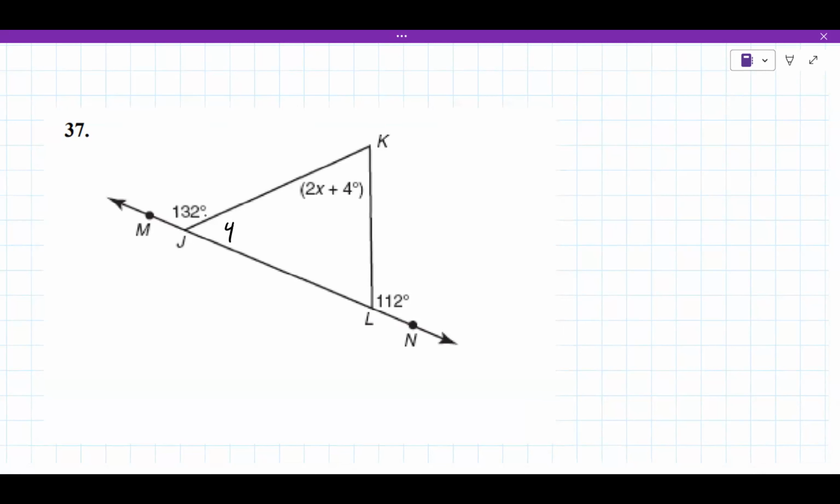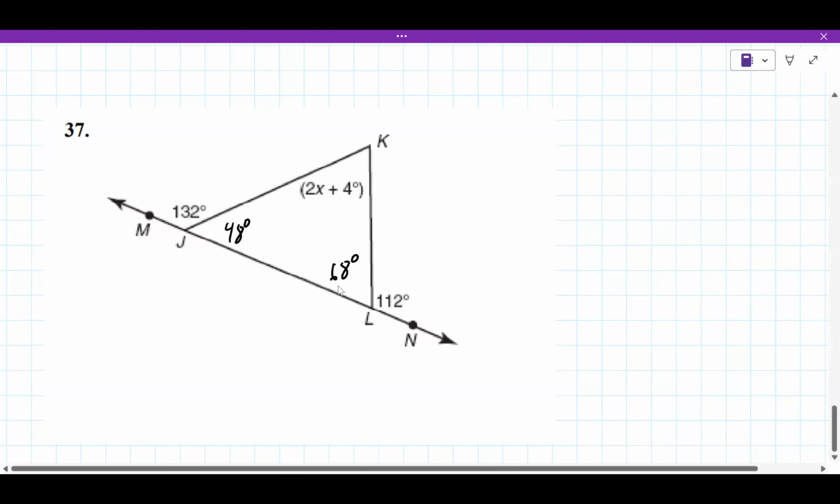So the interior one would be 48. Great. And then if I did the other way, 180 minus 112 gives me 68 for L. And then again, the three angles in a triangle, what do they add up to?